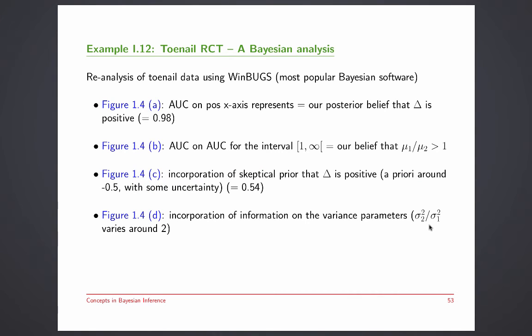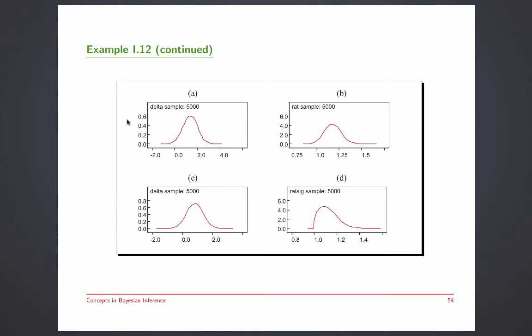As an example of a Bayesian analysis, we will reanalyze the toenail data using WinBUGS, which is a very popular Bayesian software tool. And in the next slide, I will show some results of the Bayesian analysis. Plot A shows our posterior probability about the difference between the two treatments, so about delta.